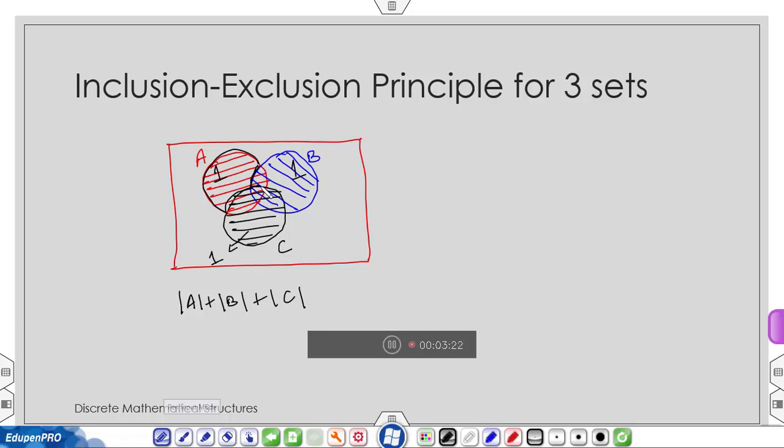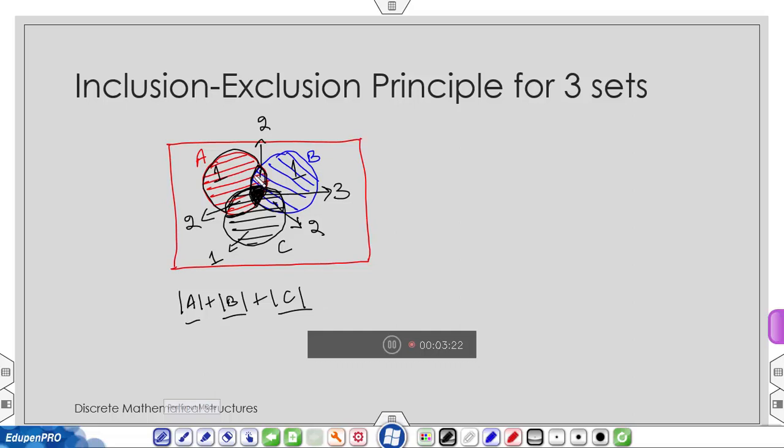If we talk about this area A intersection B, this part is included twice, once in set A and a second time in set B. Similarly, this area B intersection C is also included twice, and A intersection C is also included twice. And the area common to all three sets, this shaded area, is included thrice: once in A, then a second time in B, then a third time in C.